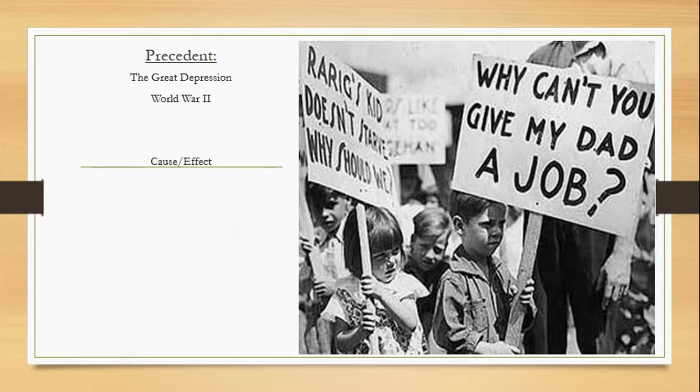Therefore, the effect of the Great Depression and the effect of World War II caused hunger, according to these signs, which is starvation. It caused unemployment for this dad. And strife and division between Roerig and his company and the general workers like this dad.